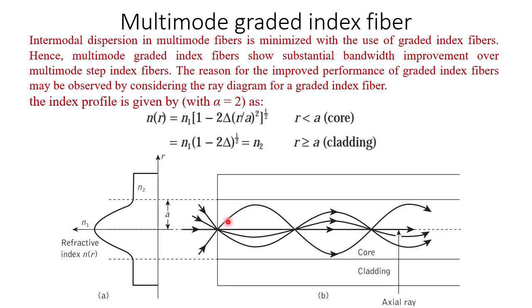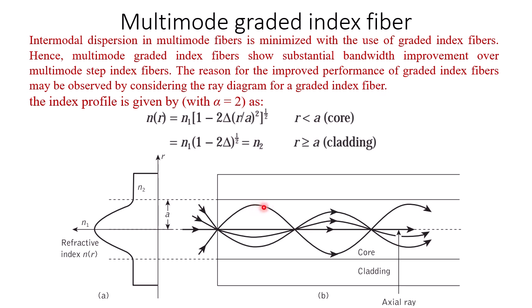Gradually the wave will be tilted and finally it will reach a particular point where the critical condition will be reached, and total internal reflection will take place. So the wave will go towards the axis.